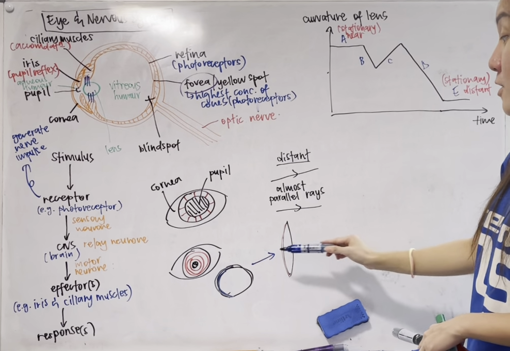Ciliary muscles. And what's the one in blue? We repeated this so many times last week. You forgot again. Start with S. Suspensory ligaments. Yeah, okay.